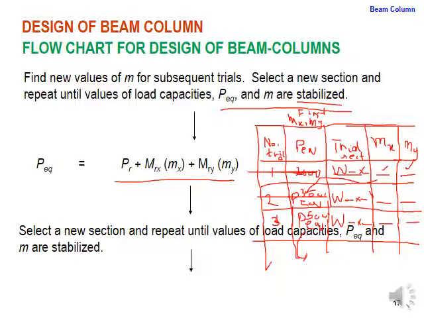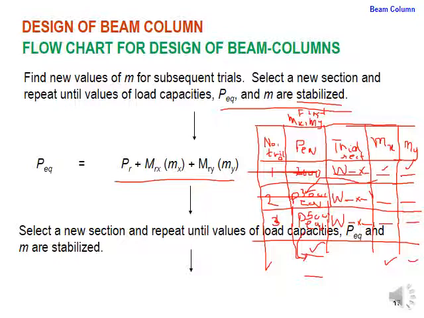Okay. So if the difference between any two consecutive trials is becoming stabilized, meaning reduced, or you are getting almost equal P equivalents for any two consecutive trials, that is going to stabilize your value, either of P equivalent or Mx and My. You have to keep an eye on the column of Mx and the column of P equivalent, on both of the columns.